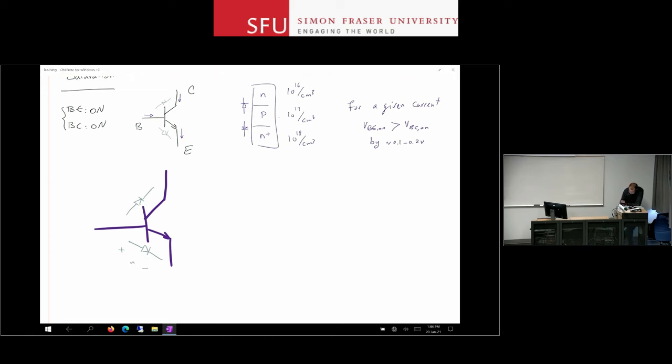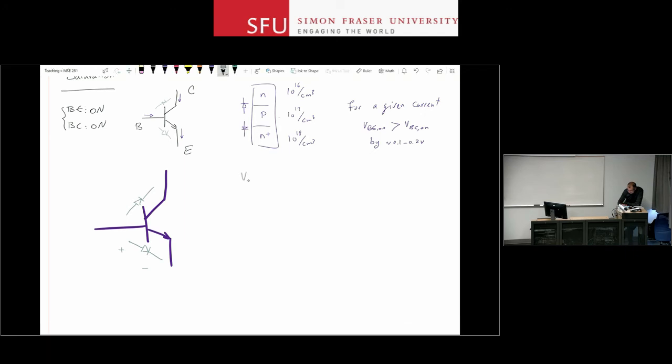So let's say I have a transistor where VBE on is equal to VBC on plus 0.2, right? This device, for whatever reason, for the same level of current for both diodes, I have 0.2 volts more across VBE on.